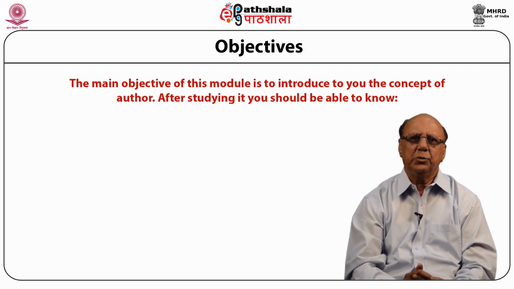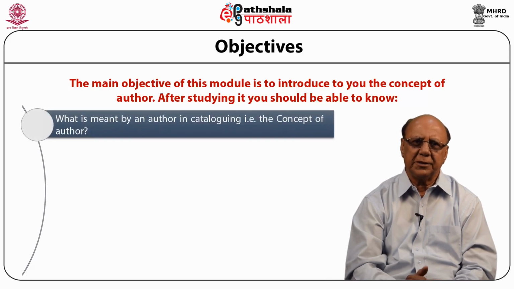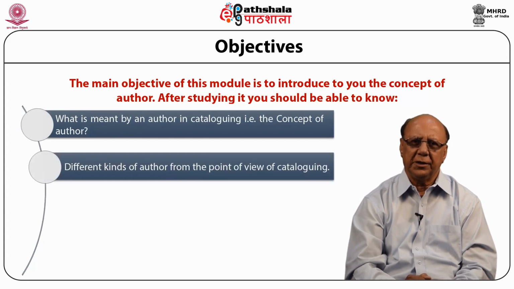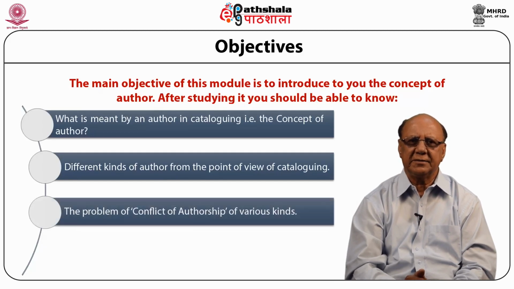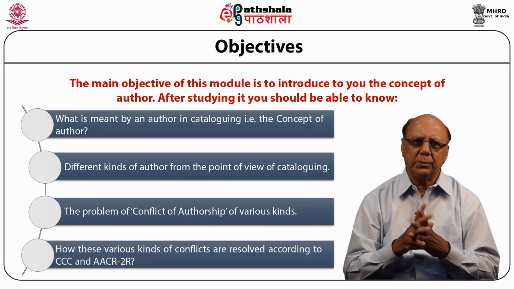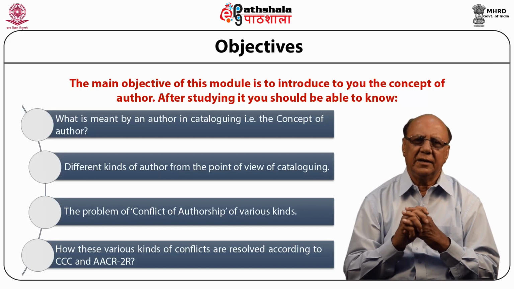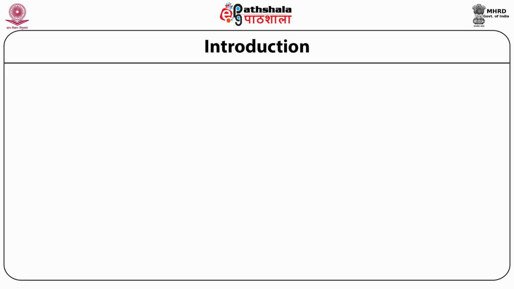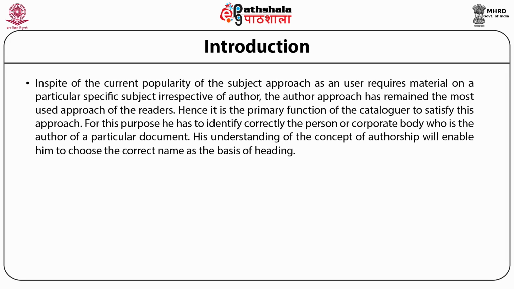After studying, you should be able to know what is meant by an author in cataloging, that is, the concept of author; different kinds of author from the point of view of cataloging; the problem of conflict of authorship of various kinds; and how these various kinds of conflicts are resolved according to CCC and AACR-2R.